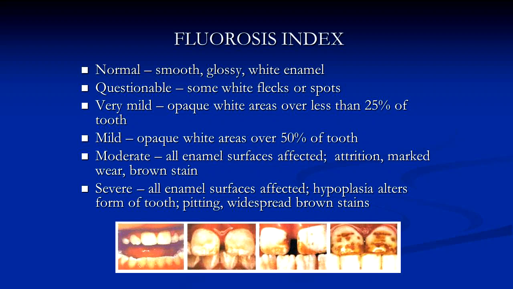We have some brown stain. We also have some pitting of the enamel. And it looks like pretty much all the enamel surfaces are affected, maybe not the gingival third up there, but it looks pretty severe. So we would classify that as a moderate to severe case of fluorosis. So you can see we have normal, questionable, very mild and mild, moderate and severe. Most cases of fluorosis are going to be in the very mild to mild categories.